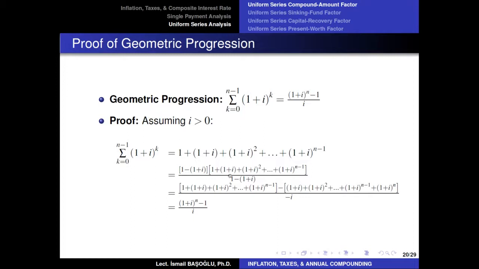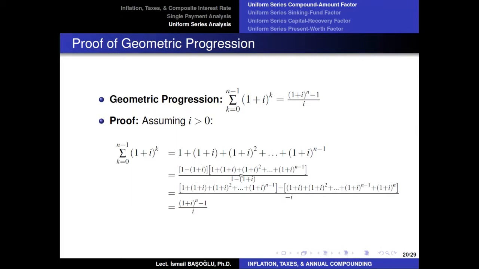The result wouldn't be affected. Now, we are writing minus i in the form of 1 − (1 + i) for a special purpose, because if we do that, first we are going to multiply this summation by 1, then we are going to multiply this summation by −(1 + i).